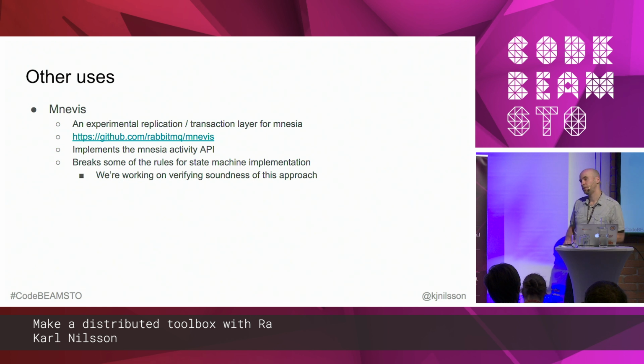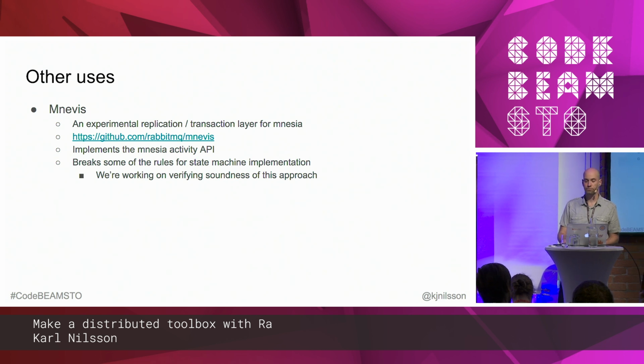Right. So that pretty much concludes the talk. I wanted to highlight another use of Ra than the RabbitMQ quorum queue. It's an experiment at this stage, but it's going really well. It's called Mnevis. It's a replication layer for Mnesia, so replicated distributed Mnesia.